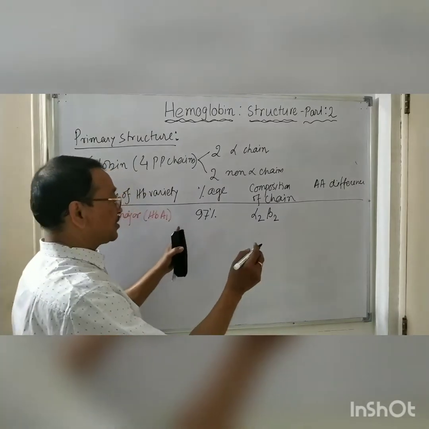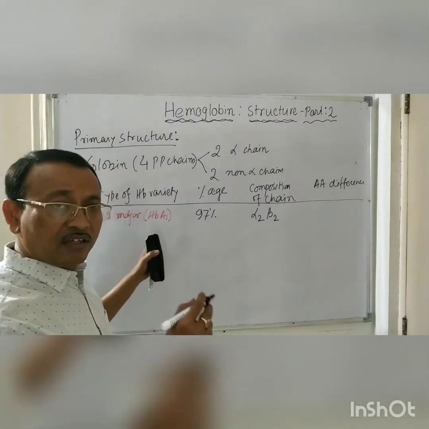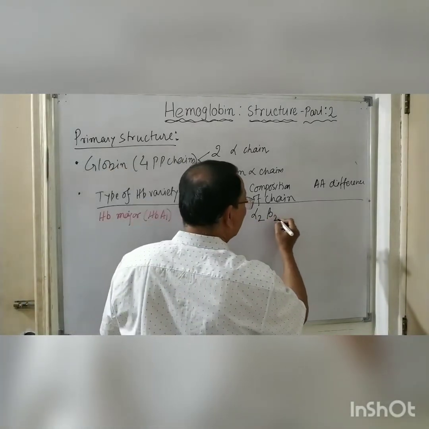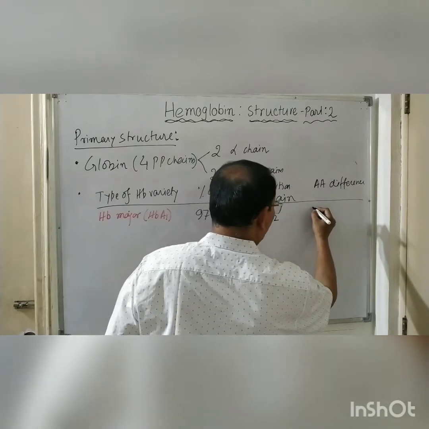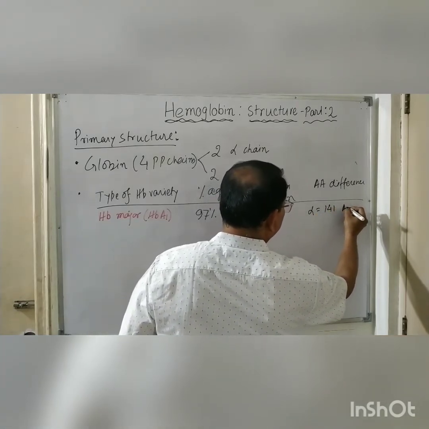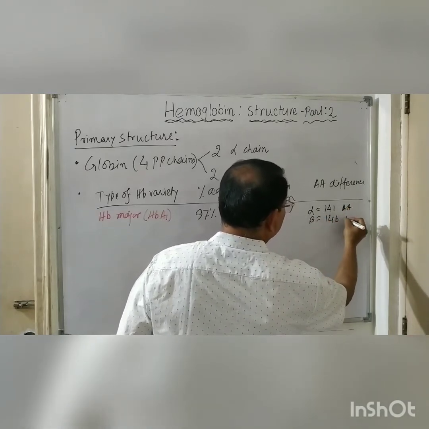So 97% of the major hemoglobin in human beings at the time of birth is alpha 2 beta 2. The alpha chain contains 141 amino acids, and the beta chain is comprised of 146 amino acids.